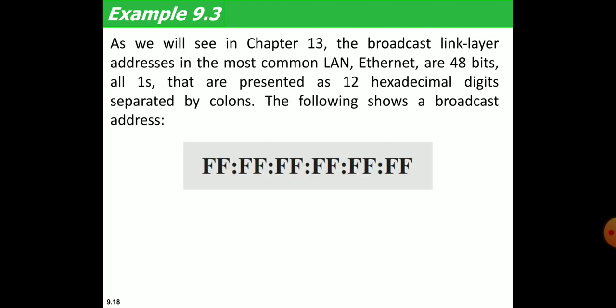Next one is called the broadcast MAC address. It is very simple. Whenever a node doesn't have any destination address, or for example in the case of ARP, I told you we will send an ARP request to all the nodes. So what does the sender have to do?